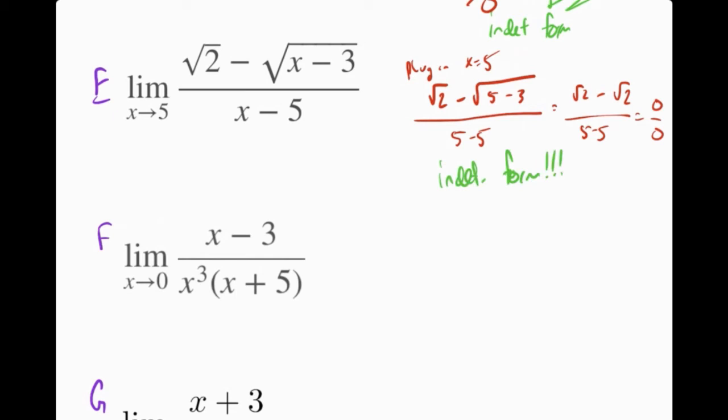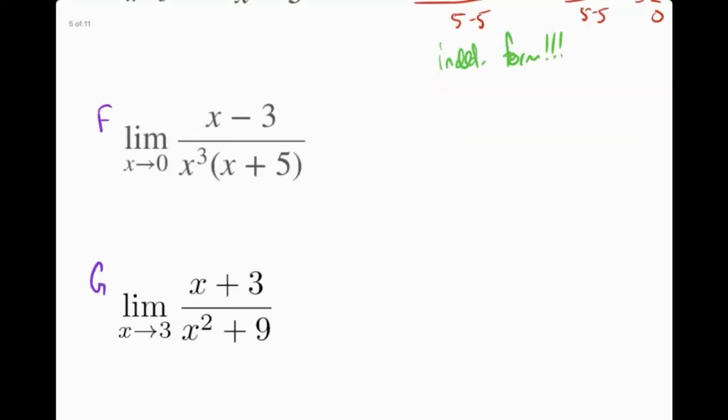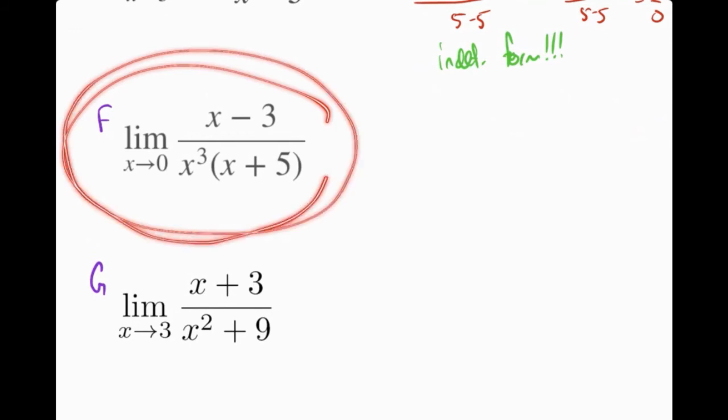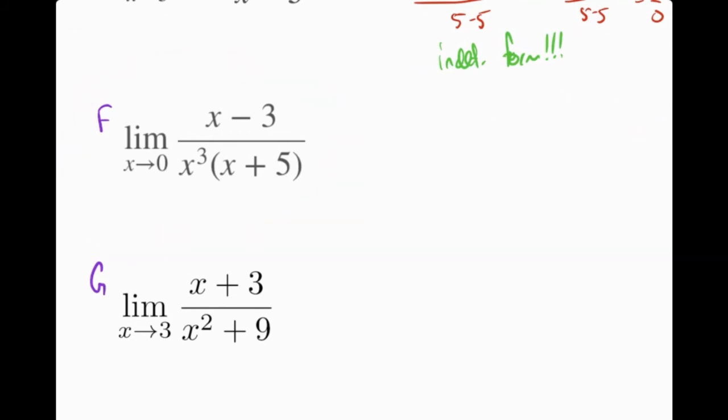Should we do F? Let's do F. Focusing on this one right here, paying attention to this point. All right, so I'm going to plug in x equals 0. 0 minus 3 over 0 cubed times 0 plus 5. That's negative 3 over 0. It's not indeterminate form.